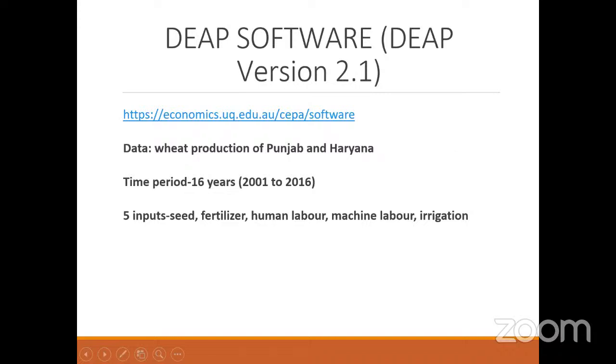The example I'm using is wheat production data of Punjab and Haryana, for 16 years, 2001 to 2016. Wheat yield is the output, and there are 5 inputs: seed, fertilizer, human labor, machine labor, and irrigation, in quantity and price terms.